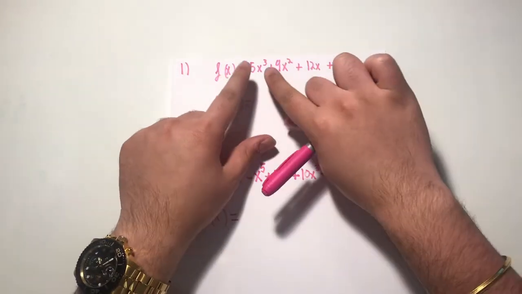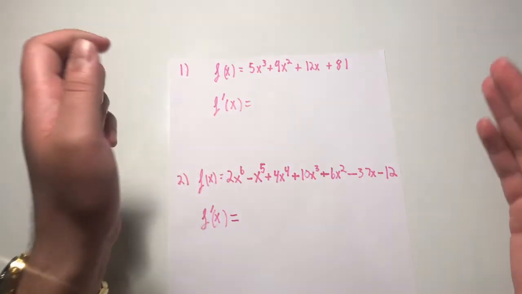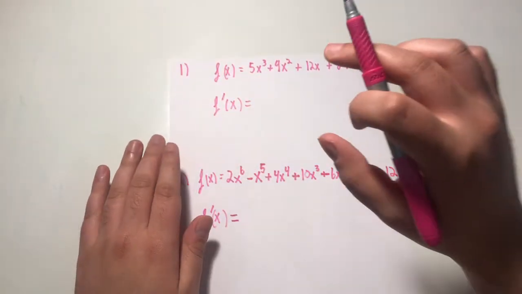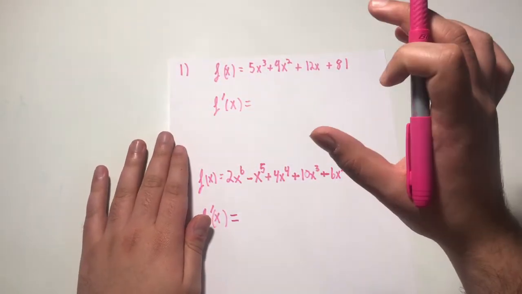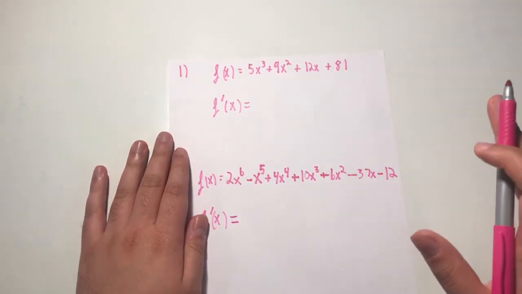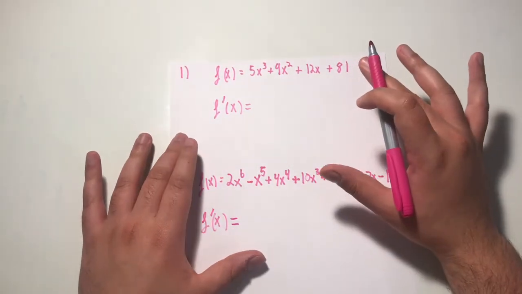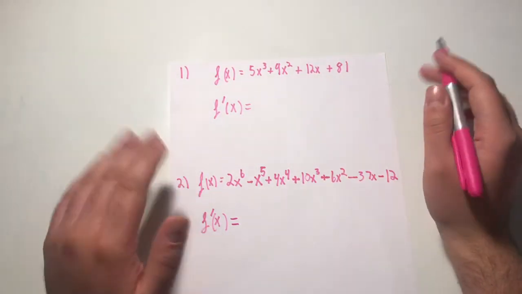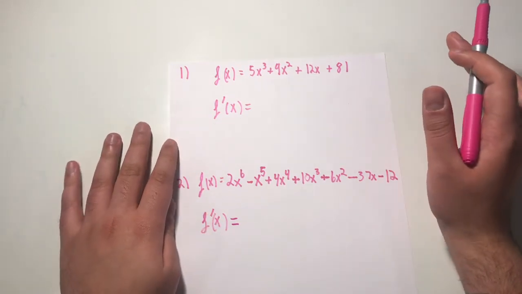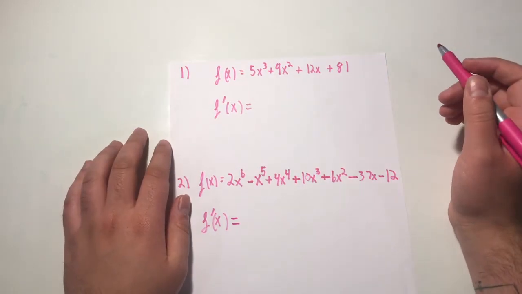When you have a bunch of terms separated by addition or subtraction signs, you can take the derivative of each term individually. Now, this isn't true for when you're multiplying or dividing things. There's a separate product and quotient rule for that, and I have videos on that already. But this is very useful when taking the derivative of polynomials, right? When I'm adding and subtracting things, I can individually take the derivative of each term.